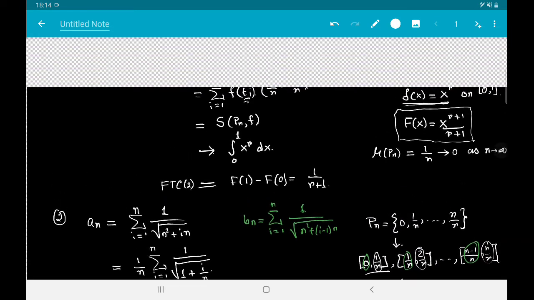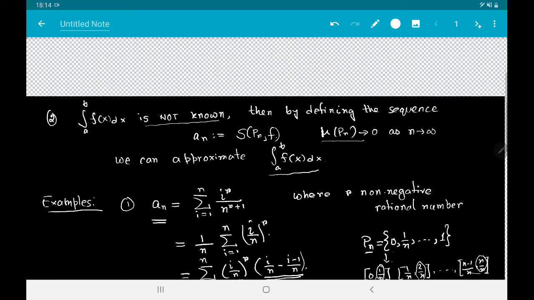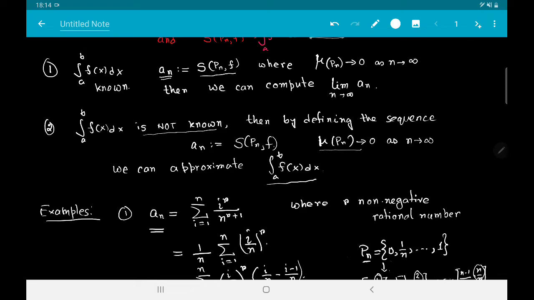So these two examples illustrate very nicely our first point: if we are given a sequence a_n whose limit we might find difficult to work out, however, if we can relate those sequences to quantities like S of P_n and f, where f is known to be integrable and also the integral of f is known, then we can compute the limit of a_n as n tends to infinity.